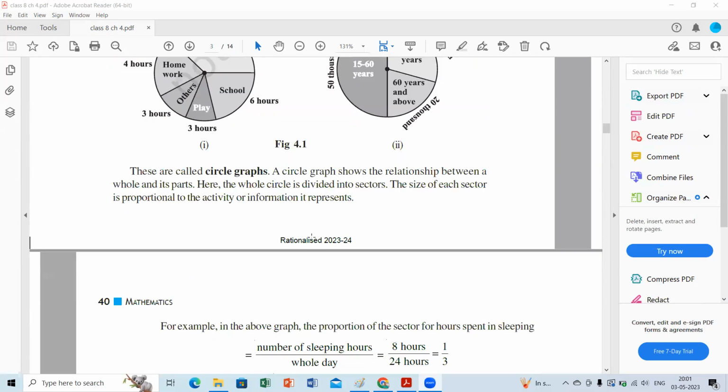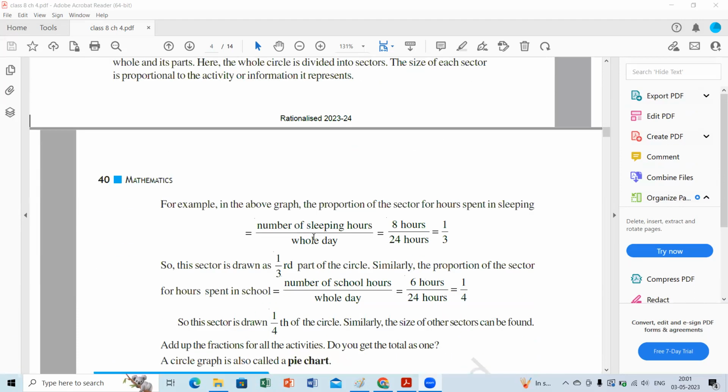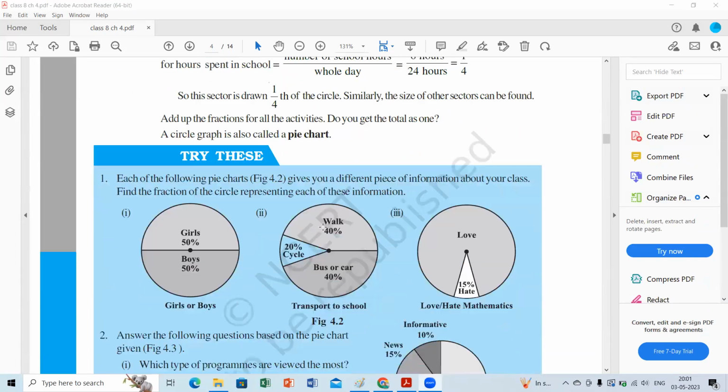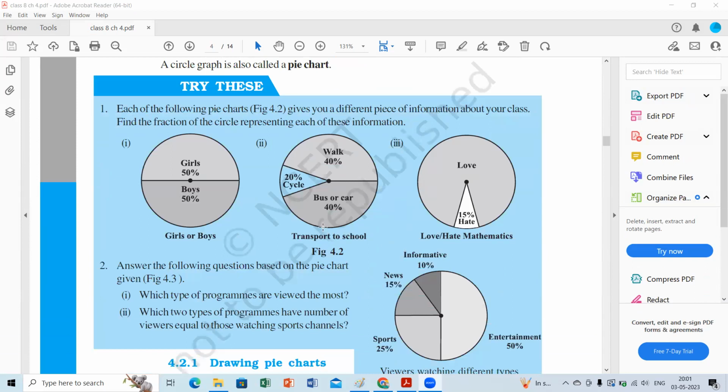Today was only how to draw a bar graph and double bar graph. Tomorrow you need to know what the complete angle means: 360 degrees, and how we divide the parts. You can go through the try this section, children.